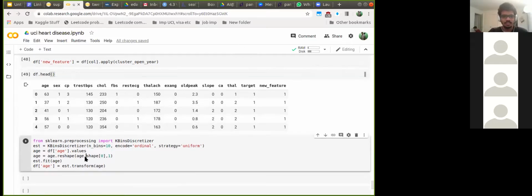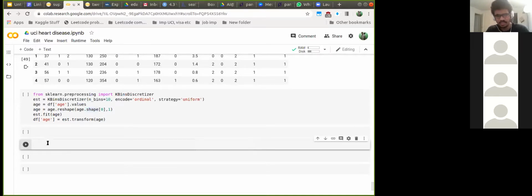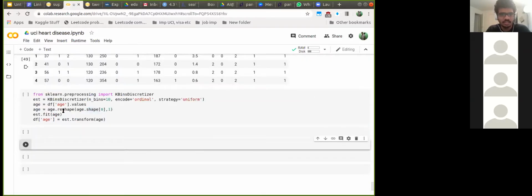I really encourage you guys to try out some other techniques and try to get a better accuracy. I've actually not written the classifiers code here, but you could try, similarly to the previous notebook.